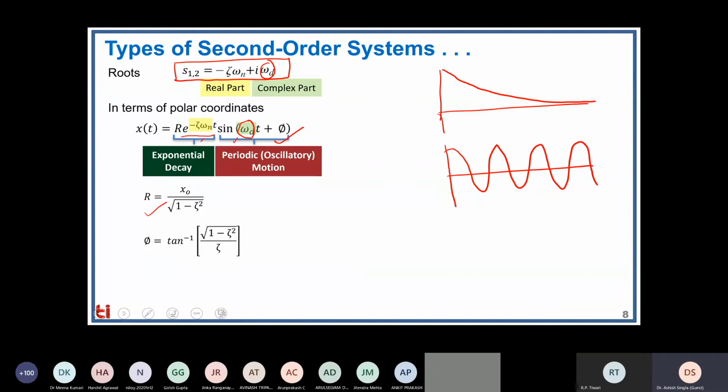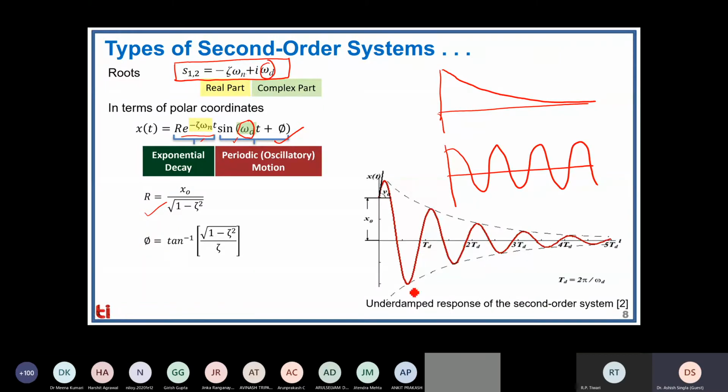So if we multiply these two, we have this oscillatory response which is decaying in nature. This is a typical response of an underdamped system, where this represents the cycle time.